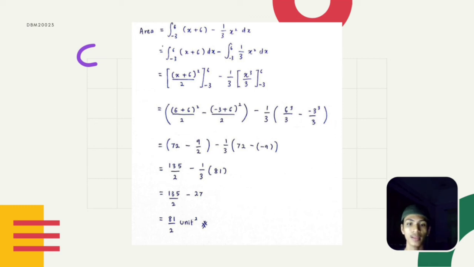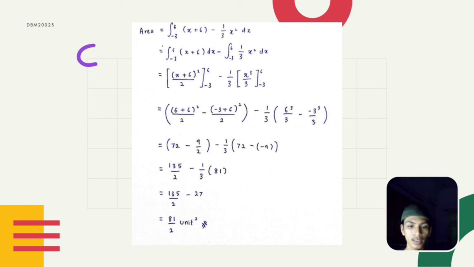And then for the next step, we're going to put the numbers that have been given into x. So it is going to be 6 plus 6 to the power of 2 over 2 minus negative 3 plus 6 to the power of 2 over 2, close the bracket, minus 1 over 3 multiplied by 6 to the power of 3 over 3 minus negative 3 to the power of 3 over 3.